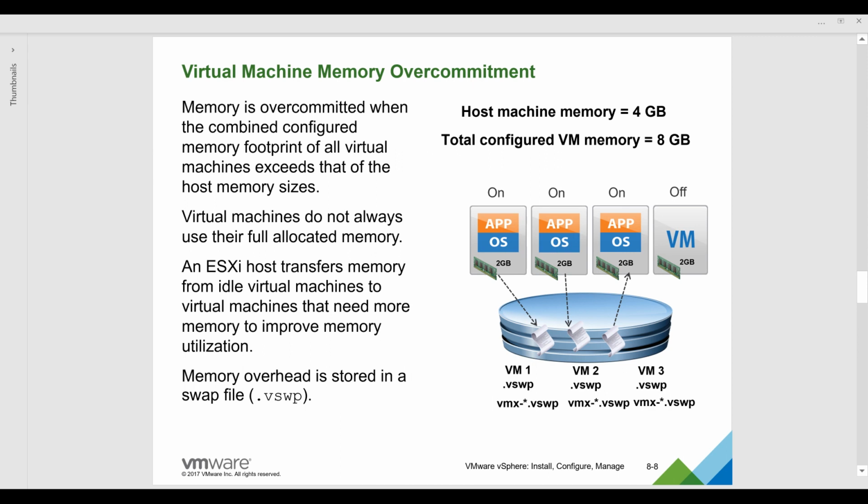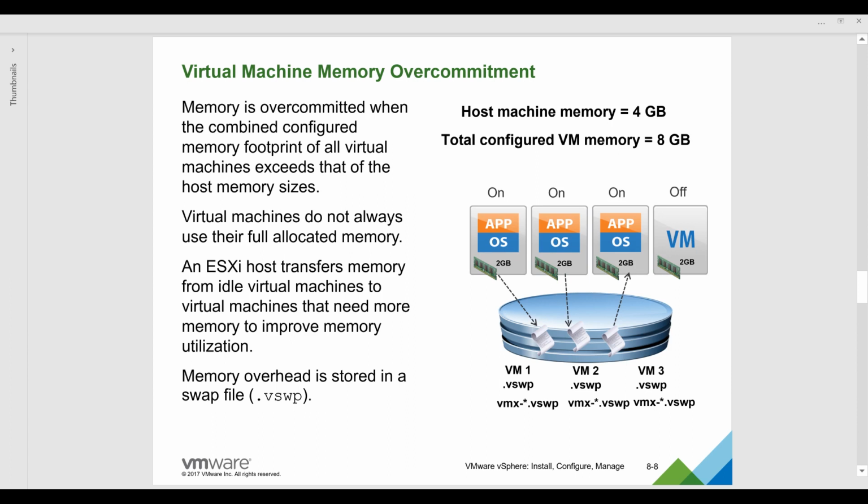Just like on Windows and Linux. Windows has a page file, Linux has a swap volume. So like in Windows, your page file, when you start running low on memory, it will start swapping out to a file. And that gives you more memory than you actually have.